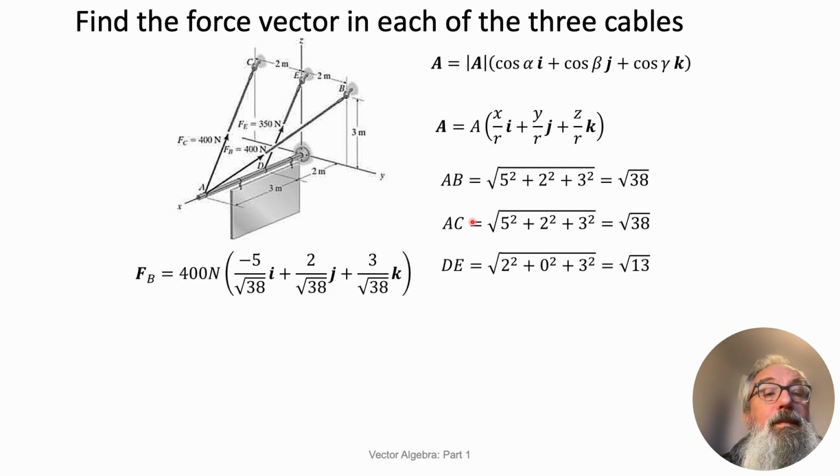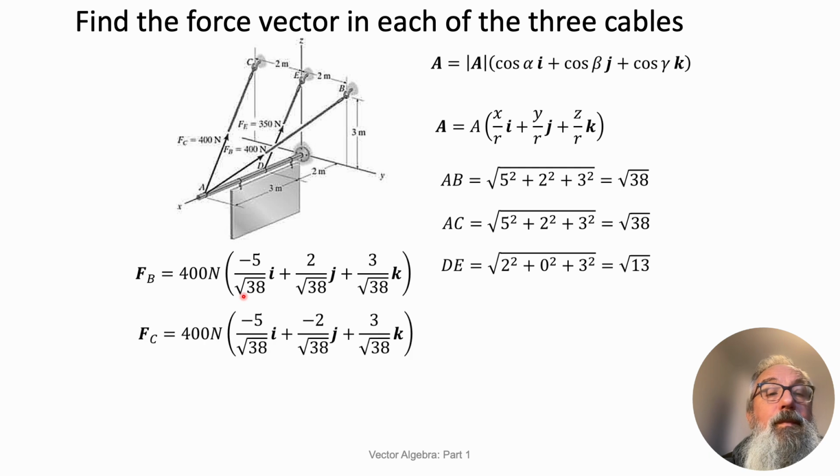So the force vector, going along A to C, is 400 times the vector of AC, which is (minus 5, 3), divided by the magnitude.